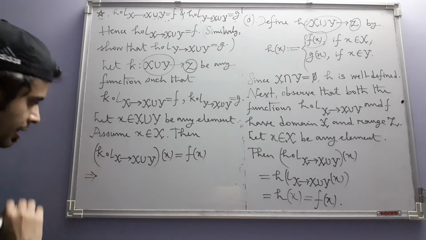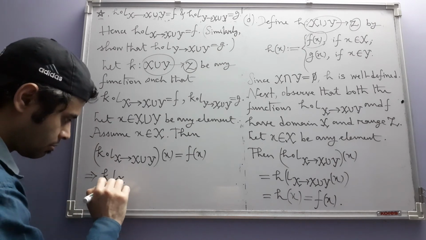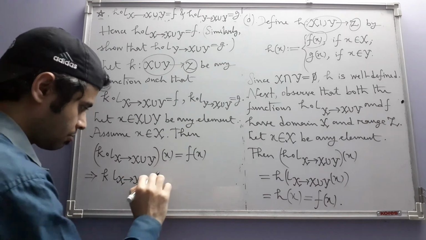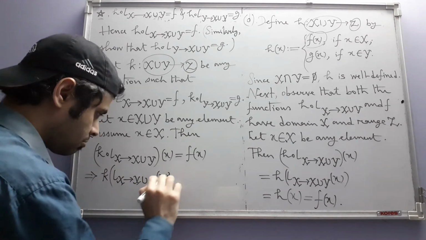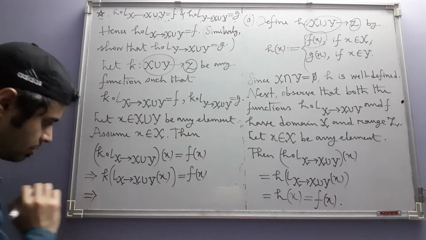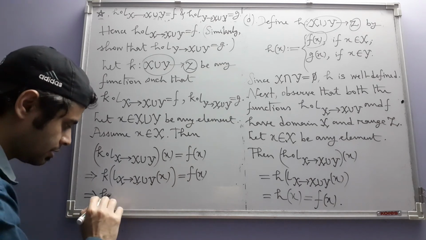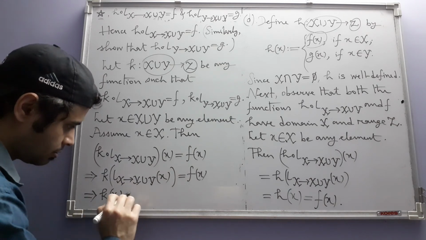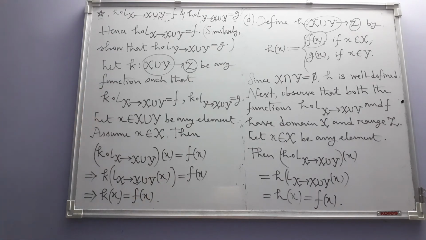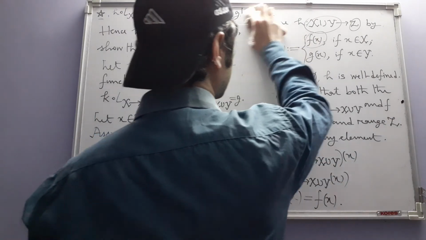So this implies this is equal to F(x), and since this is an inclusion function, this is nothing but K(x) equals F(x). Okay, now we look at the second case.